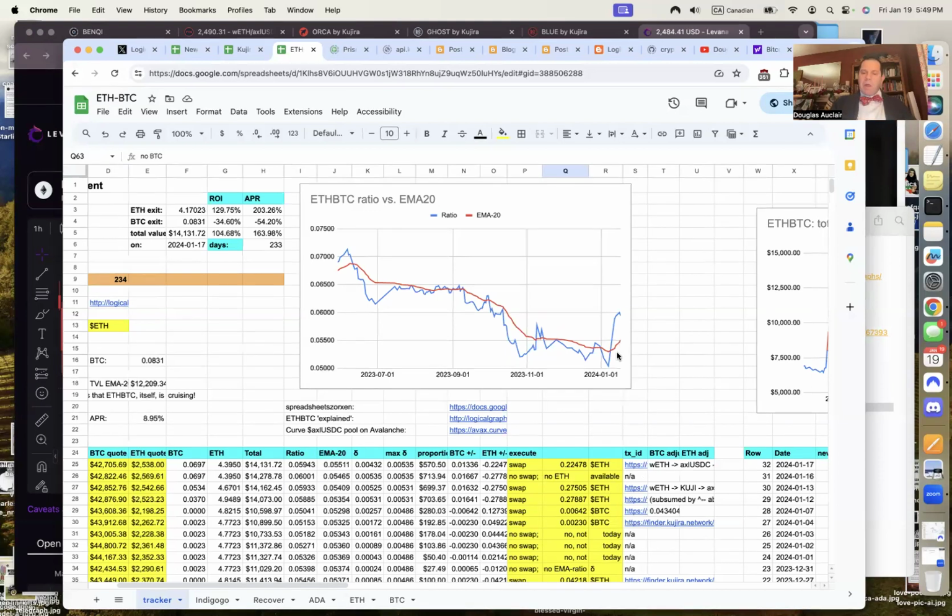And so that's the power of this ratio here, that the ratio exists between 0.07 and 0.05. And when the difference between the ratio and its EMA 20, or exponential moving average over a 20-day period, smoothed over the 20-day period, is this differential, then you trade one for the other.